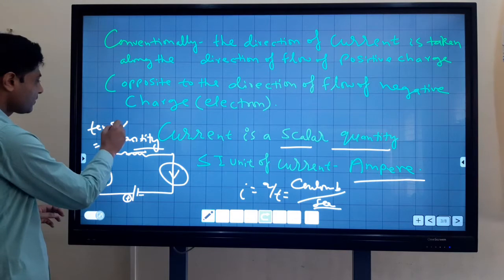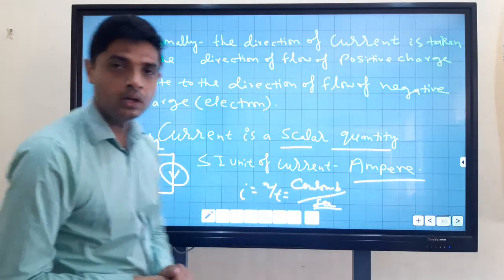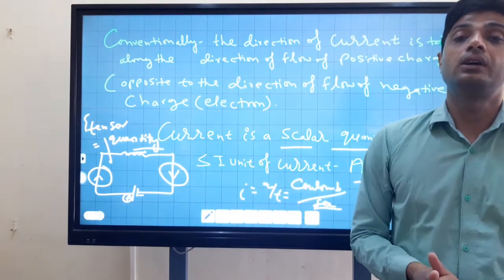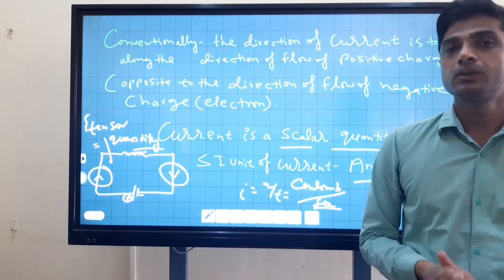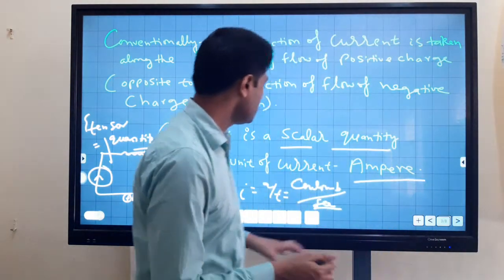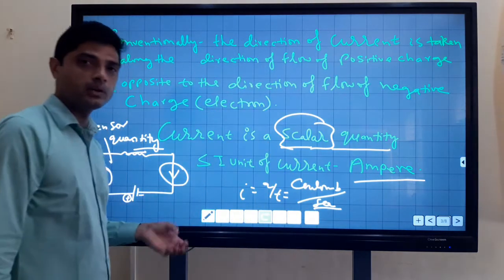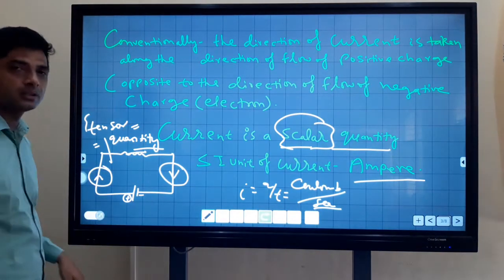So due to a particular direction, we can take it as a tensor quantity, but it does not obey the vector sum, so current is a scalar quantity.